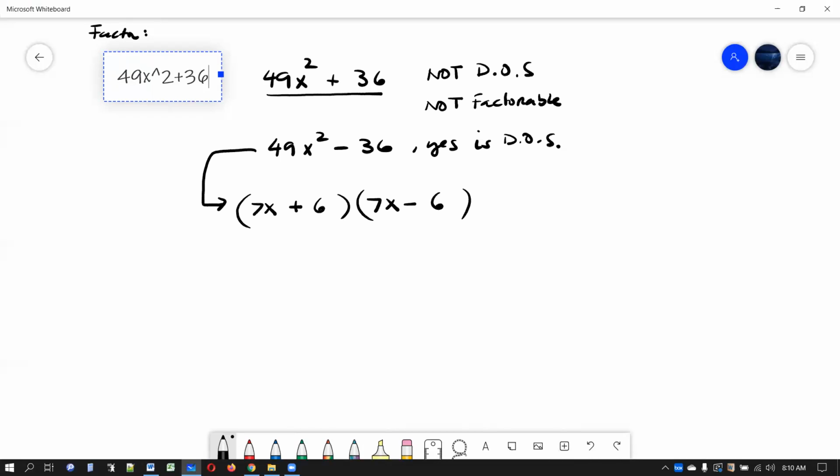This is not, because of the plus sign in the middle. Okay, so this is all there is to do with difference of squares. It's usually 1 or 2 lines at most to do the problem and should not give anybody any issues in this technique.